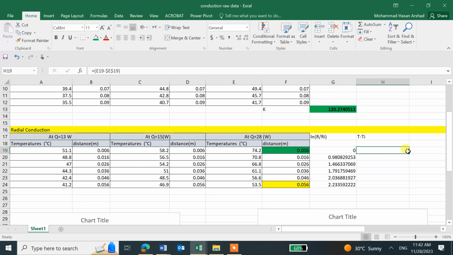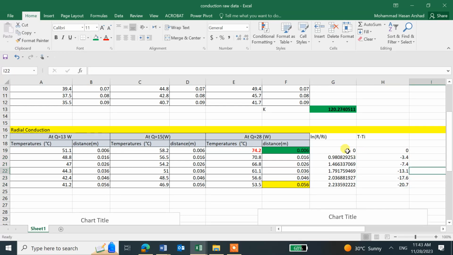Then the other is changing. Is it clear? This is the temperature changing, and we are subtracting the inner temperature. So the first value will be 0, then negative, and then negative, negative, negative.